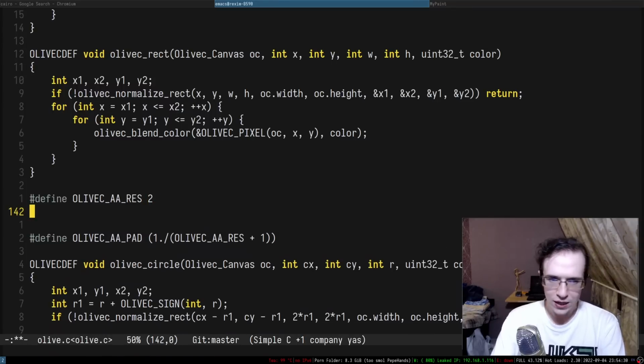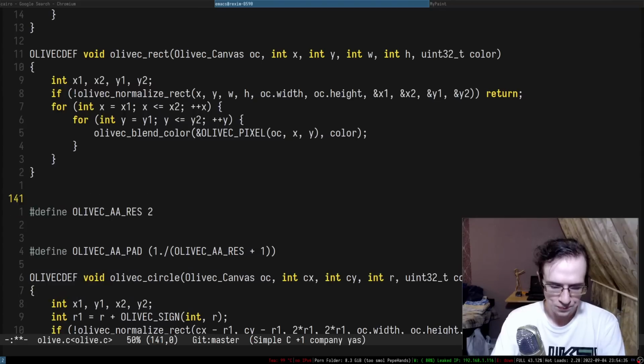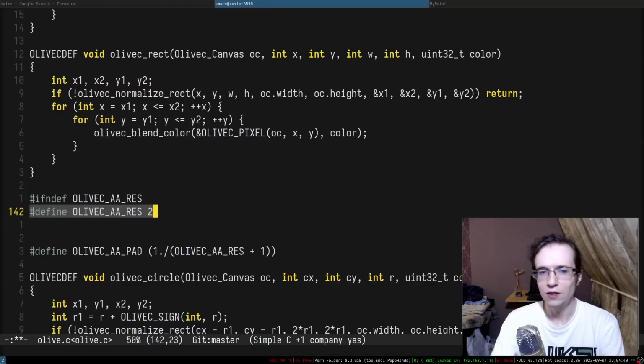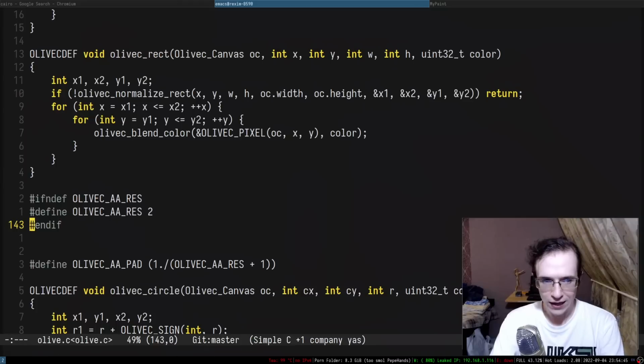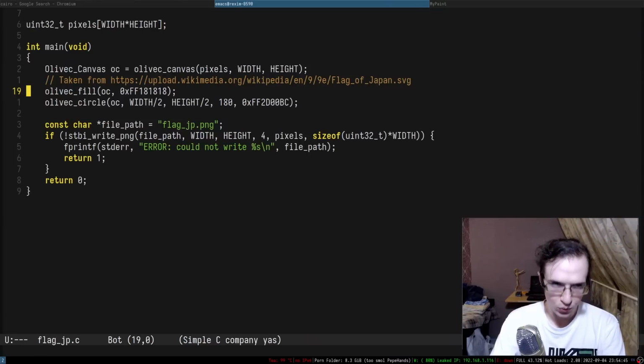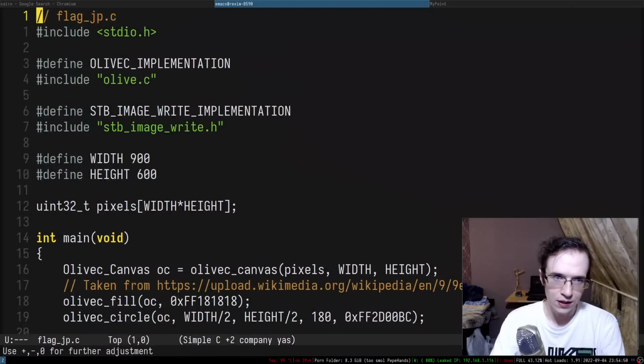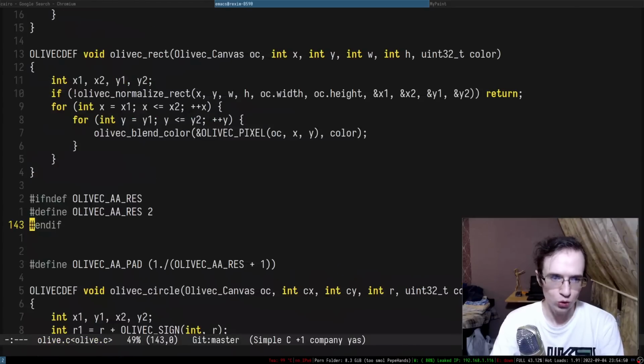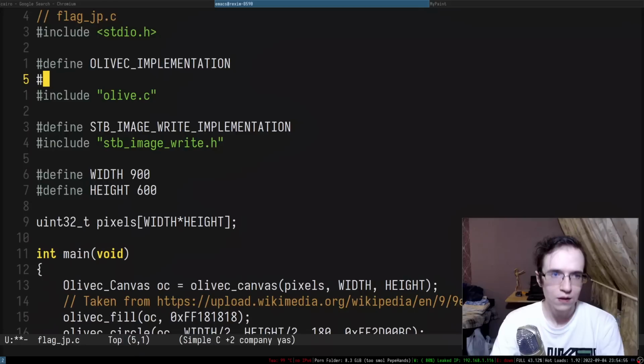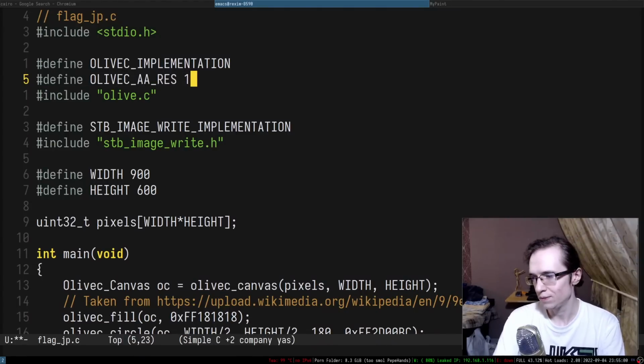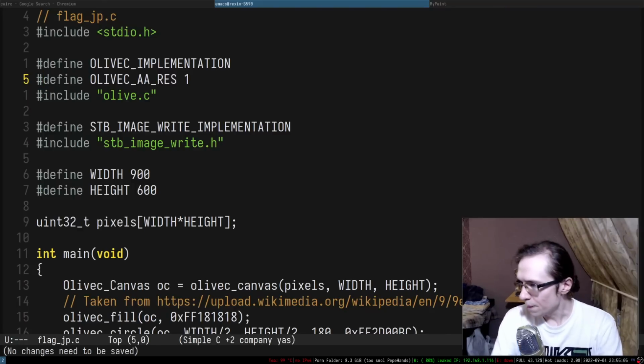So the way I'm going to do that, right? If this thing is not defined, by default, I'm going to define it as 2. That way, if you don't want to have any anti-aliasing in your library, you can just define this thing to be 1, and that will effectively disable anti-aliasing.